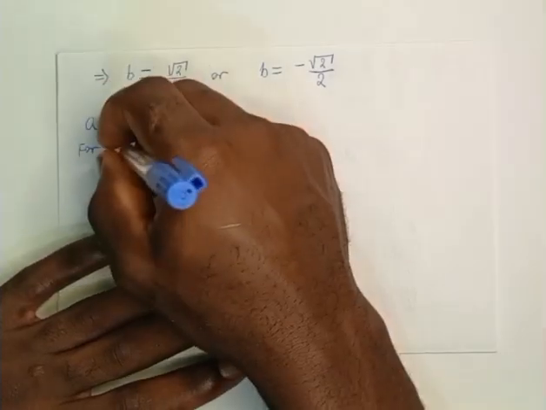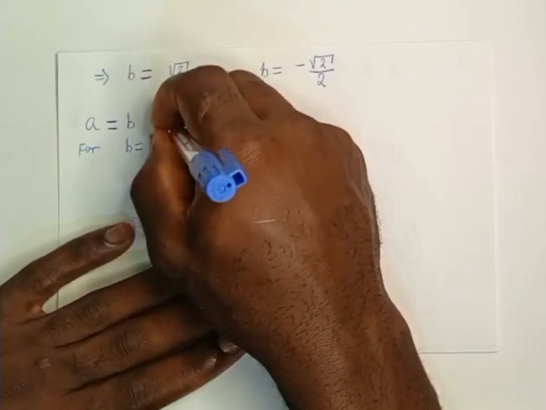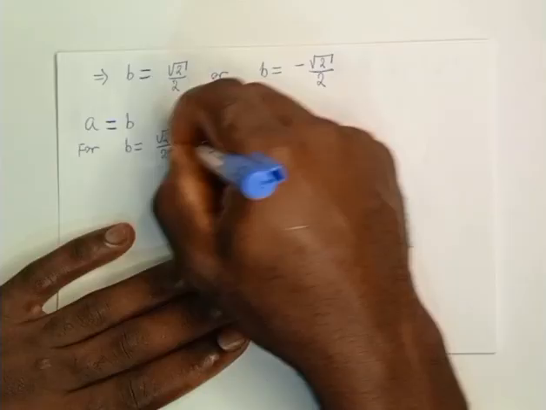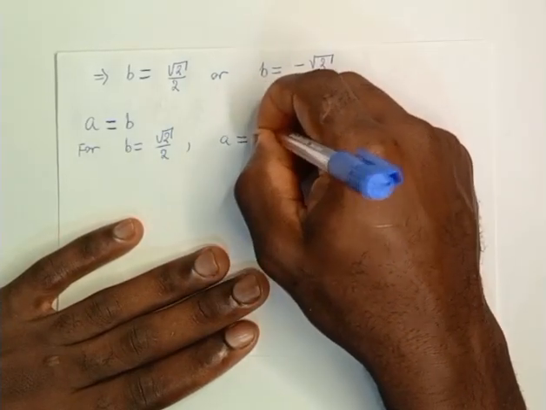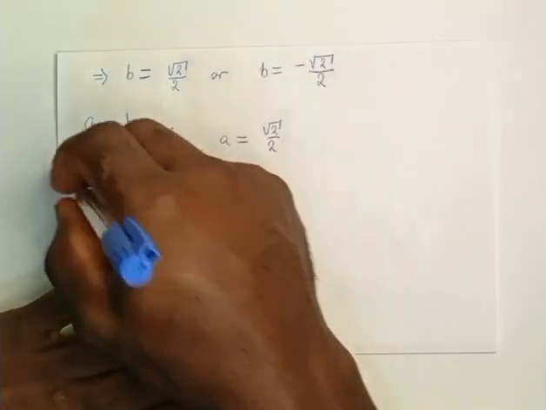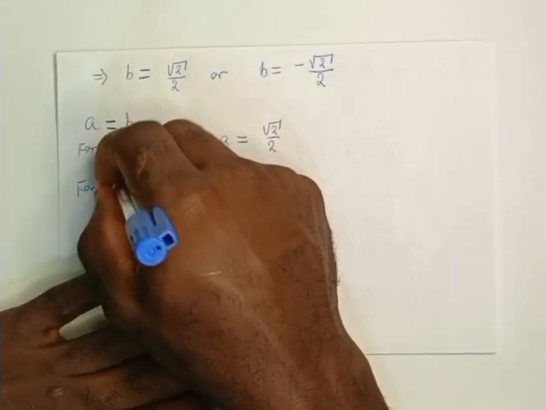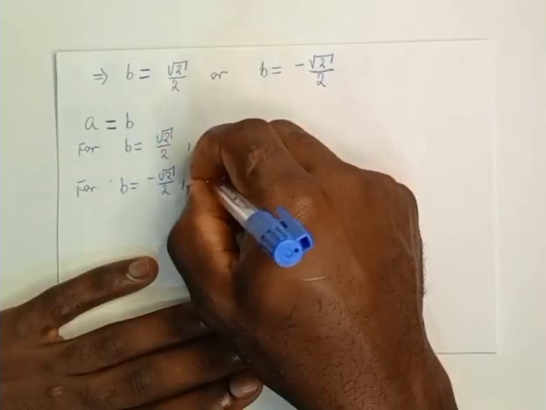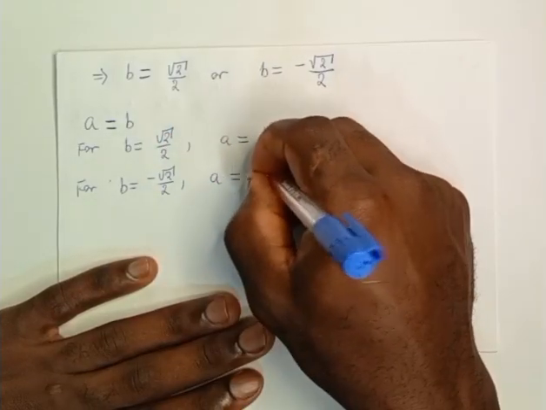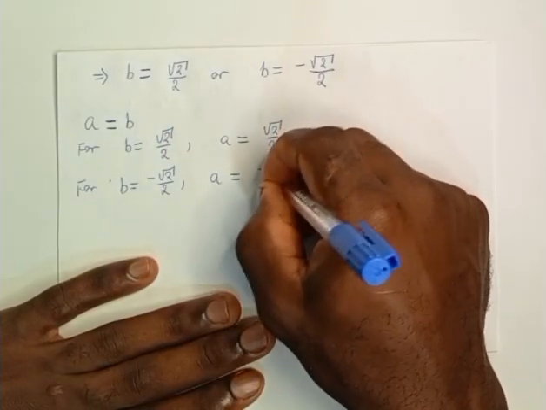For b equal to root 2 over 2, a will be equal to root 2 over 2. For b equal to negative root 2 over 2, a is equal to negative root 2 over 2.